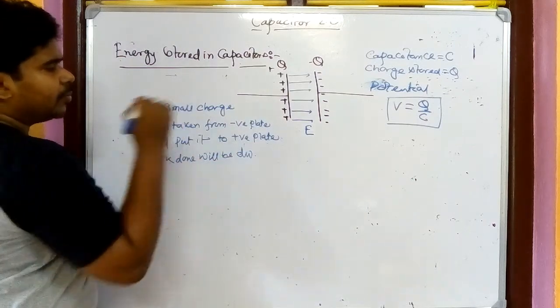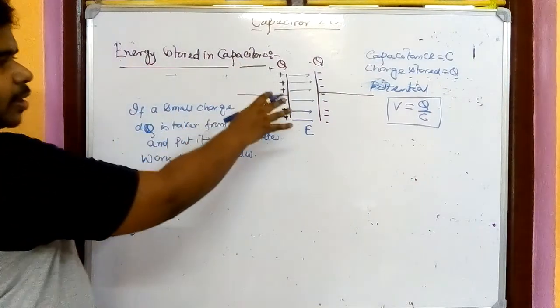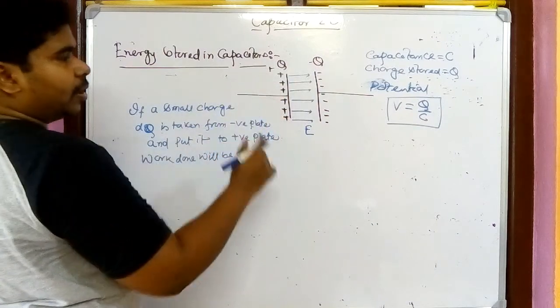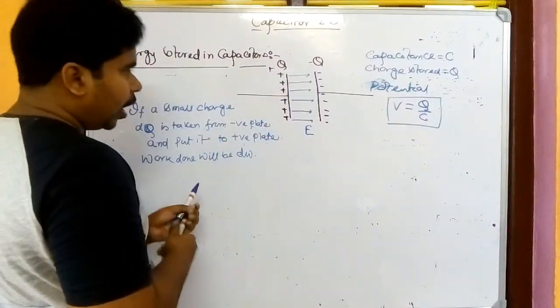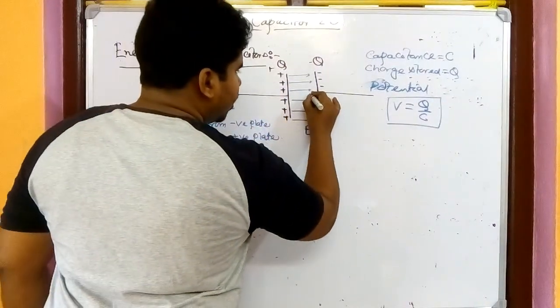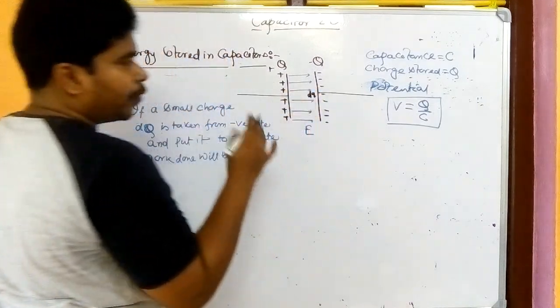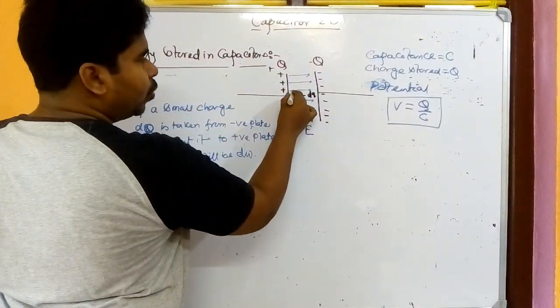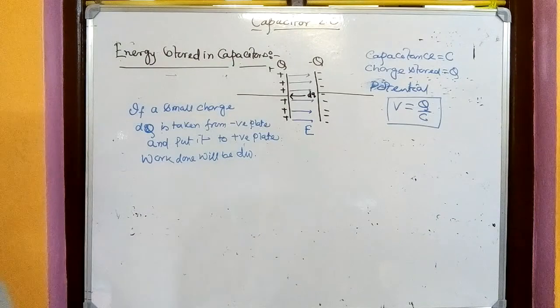Why am I writing this? This is the situation now. Now I am taking one charge dq from the negative plate and putting it here at the positive plate.